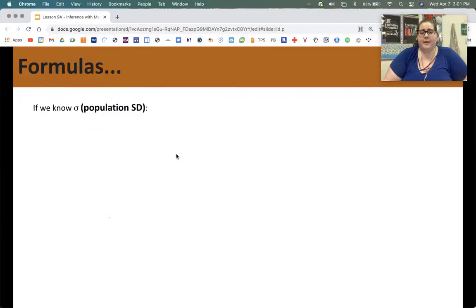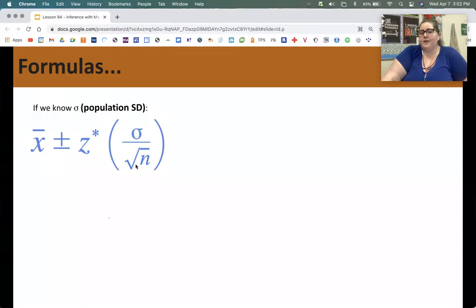So just going through the formulas, remember that for a confidence interval, our basic generic formula is statistic, which for a means problem would be x bar, the sample mean, plus or minus our margin of error, which consists of a critical value. If we were just doing a regular z distribution, our normal model, we would use z star, times our standard error, which is the original standard deviation divided by the square root of n.